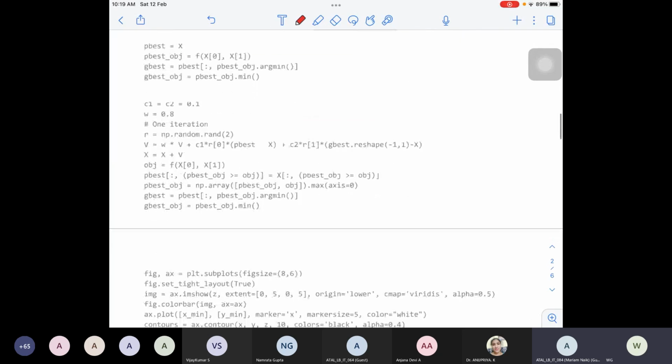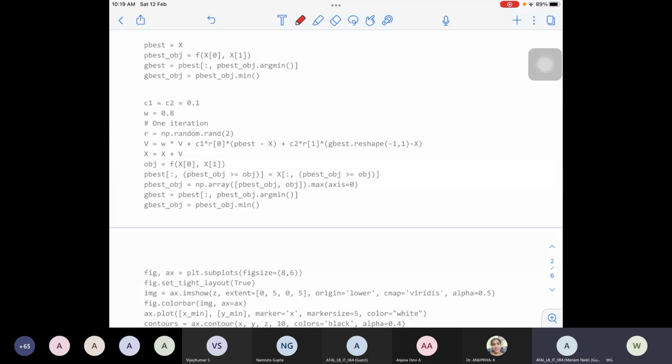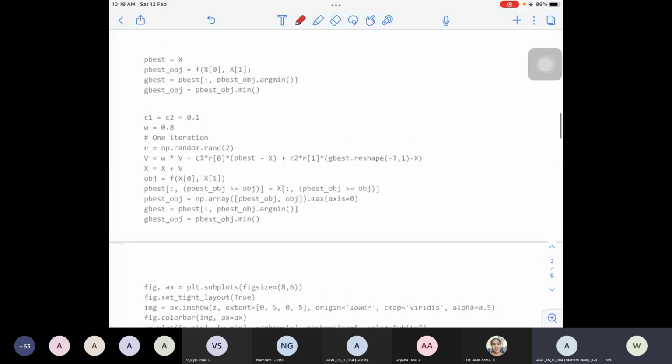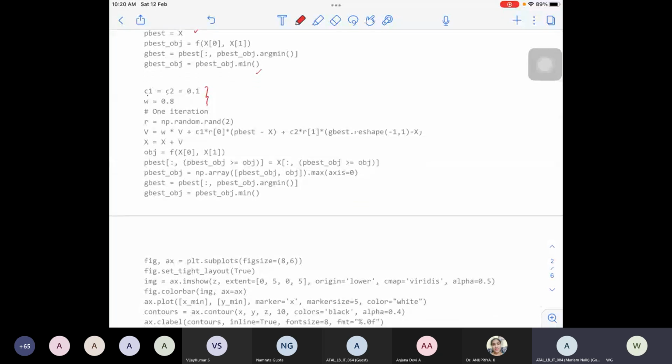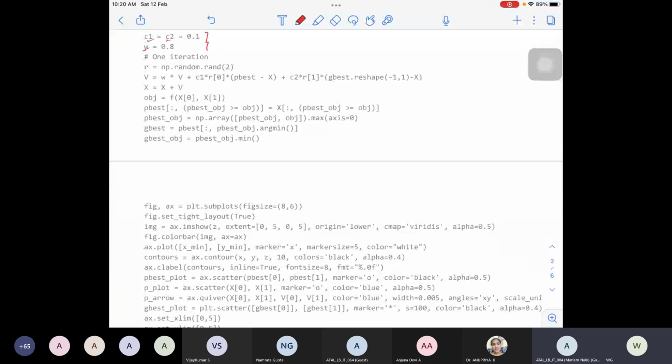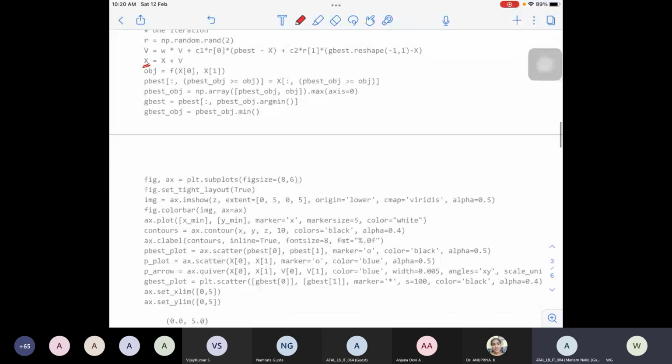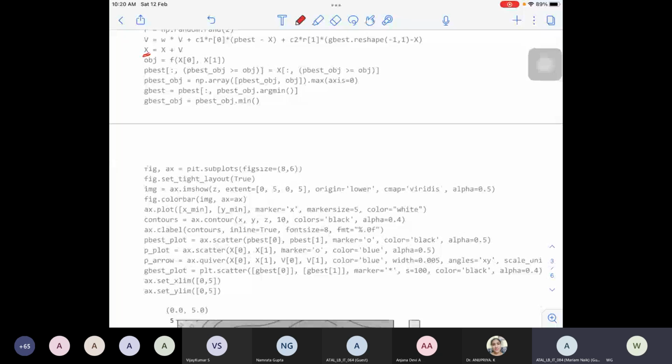Then we iterate, right? You initialize with the pbest. Then, as we already saw, you have some initial gbest. Then you have the values c1, c2 and w, which are constants, and you keep finding out the new positions of the variables in every iteration for every particle, right?